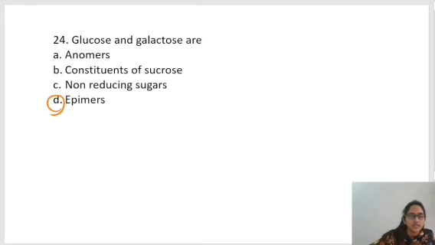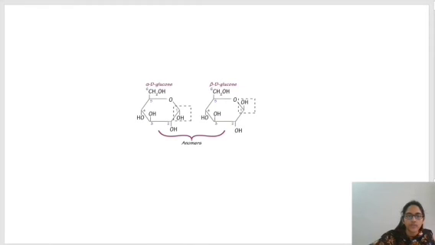Okay, and these are not constituents of sucrose or non-reducing sugars. They both are reducing sugars. And what is an anomer? So consider here, in this there are alpha and beta varieties, the anomers. Okay, so in the beta variety the OH group is above the plane of the molecule, and in the alpha variety the OH group is below the plane of the molecule.